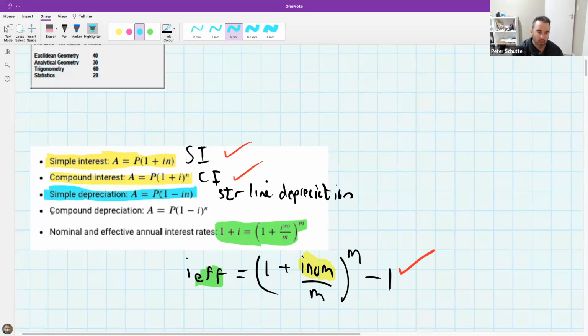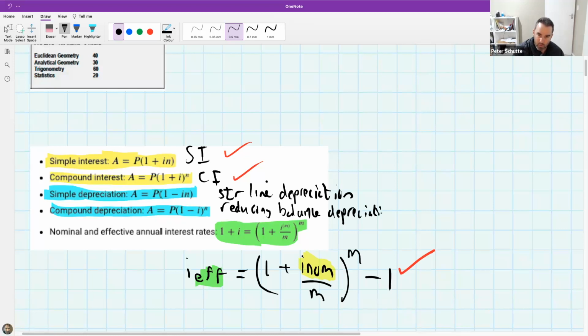Then we're also going to look at what's called compound depreciation, or some textbooks call this reducing balance depreciation, which can be simplified to RBD.